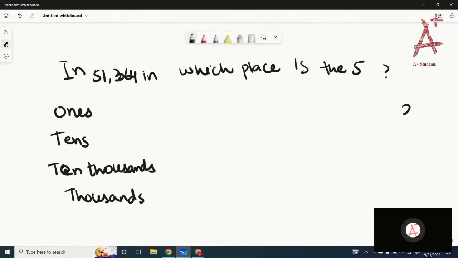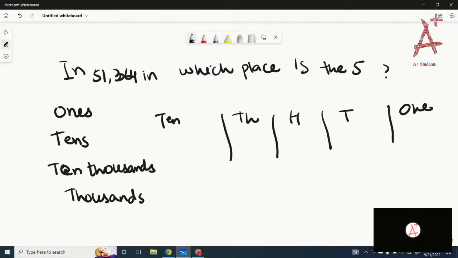So you have ones, tens, hundreds, thousands, and then ten thousands. 4 is at the ones place, 6 is at the tens place, 3 is at the hundreds place, 1 is at the thousands place, and 5 is at the ten thousands.